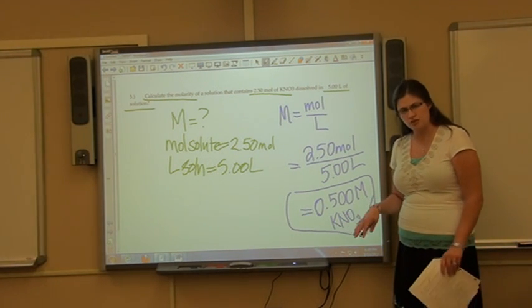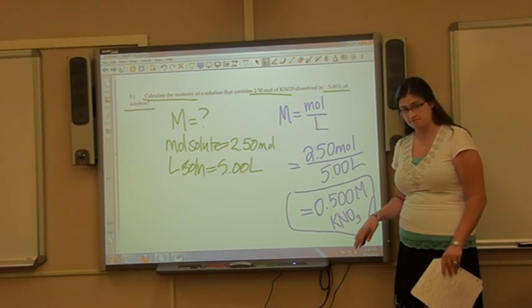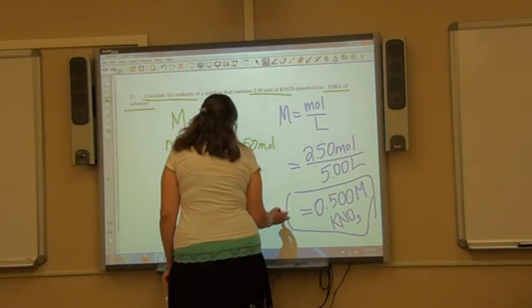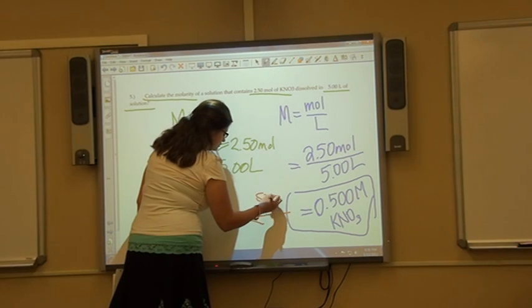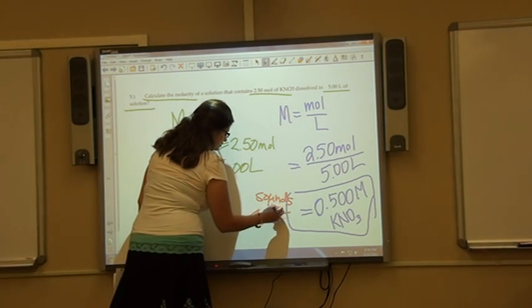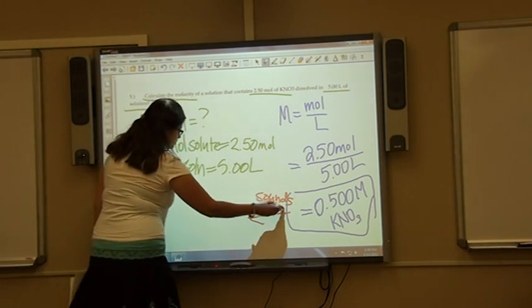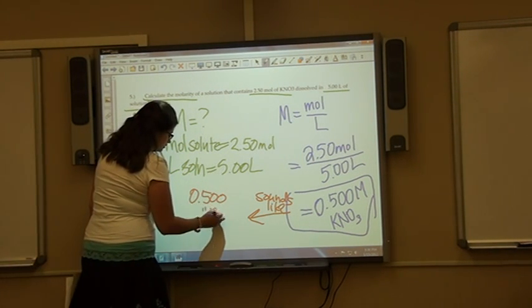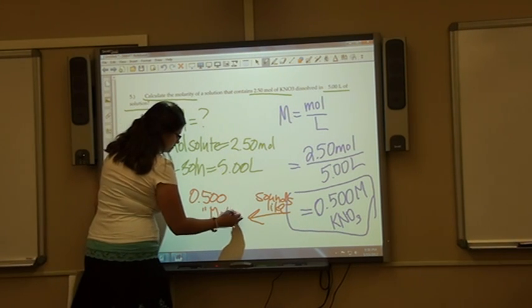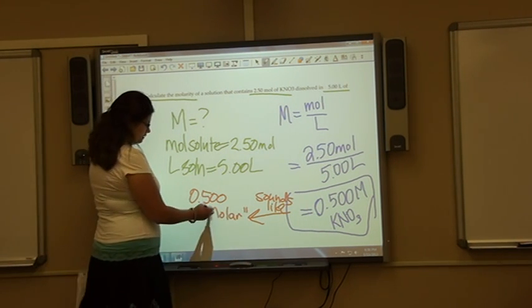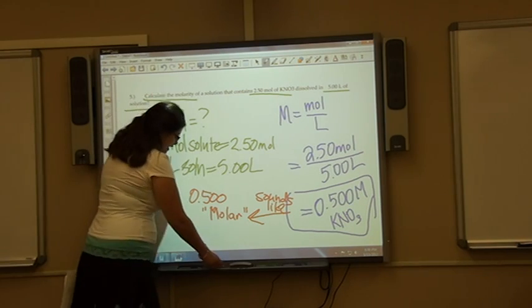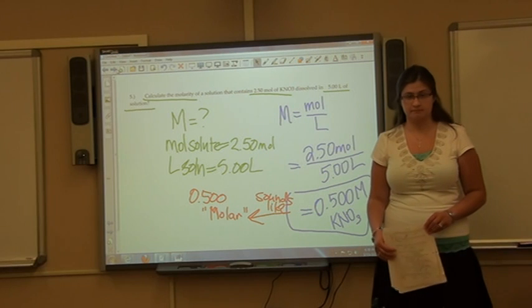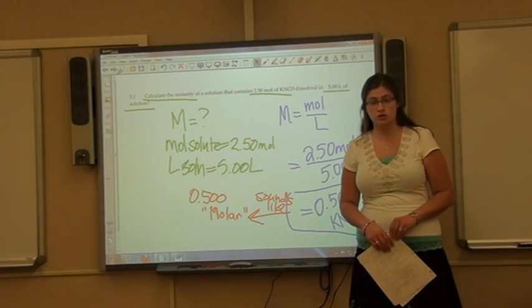We don't say it 0.500 M KNO3. We call it 0.500 molar KNO3. So when we read the M as a unit of concentration, we call it molar. 0.5 molar KNO3.